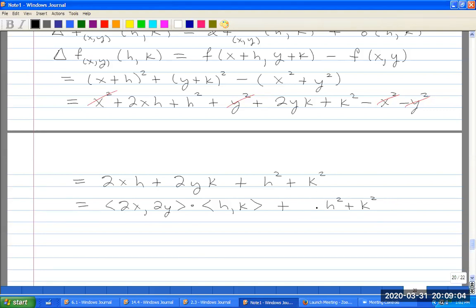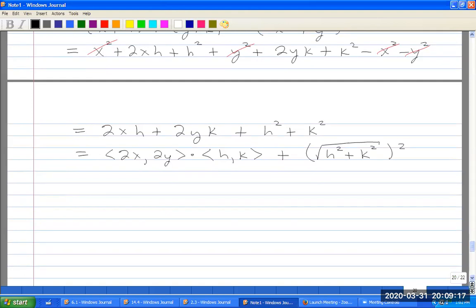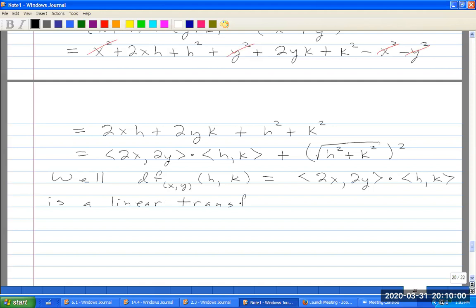I should note that if I let d equal this dot product, then this is a linear transformation. The matrix representation is just the vector 2x, 2y.